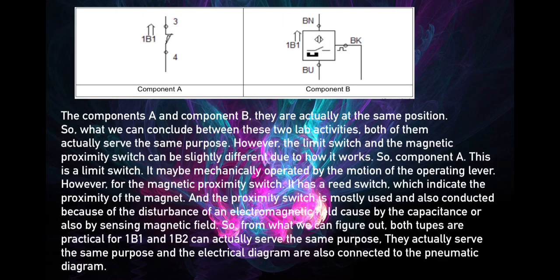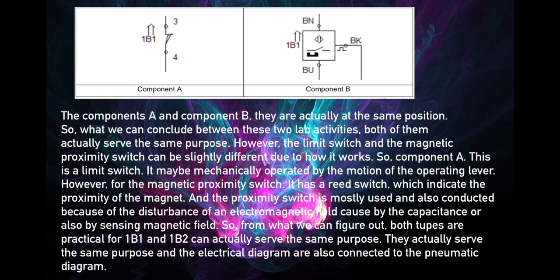Component A is a limit switch. It may be mechanically operated by the motion of the operating lever. However, the magnetic proximity switch has a reed switch which indicates the proximity of the magnet, and the proximity switch is mostly used because of the disturbance of an electromagnetic field, caused by capacitance or by sensing a magnetic field.